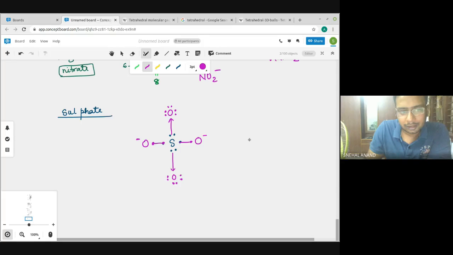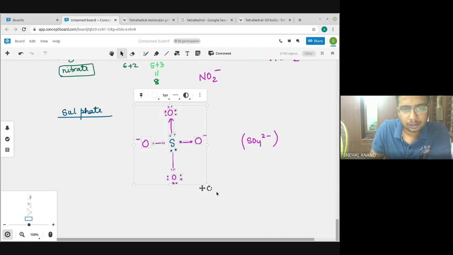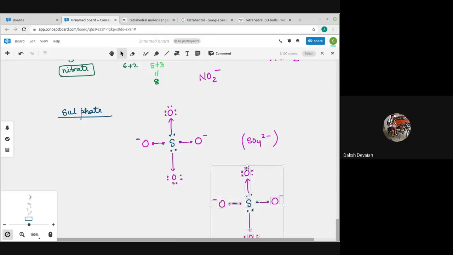Okay. So this is how our sulfate looks like, SO4 2-. Is that fine? It's fine, right?